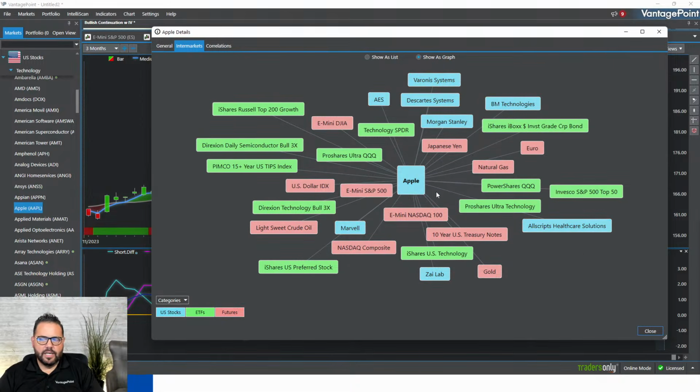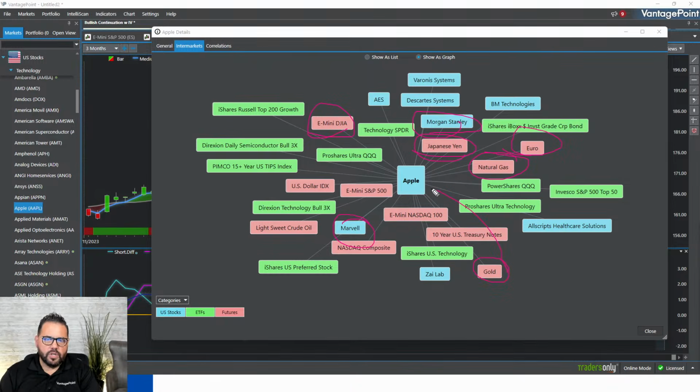In this case, the AI is scanning over 10,000 markets around the world to figure out what is influencing Apple. And it's saying Marvell has an influence on Apple, Morgan Stanley has an influence on Apple, right? The Dow, there's even the euro, natural gas, the yen. We're talking about domestic, international markets, ETFs, futures.